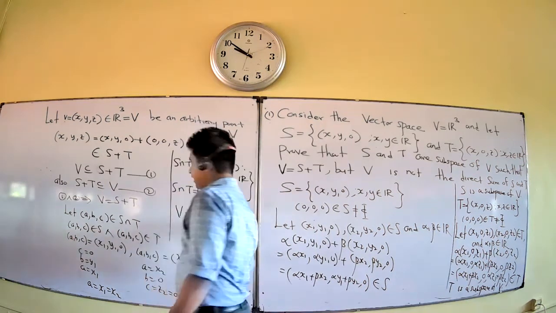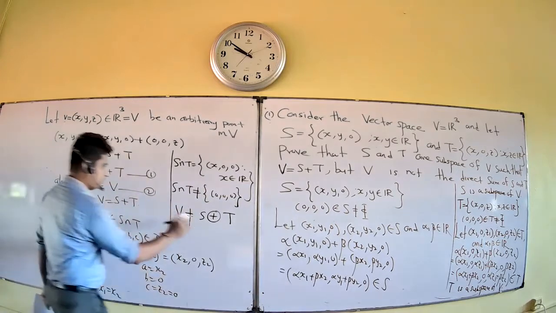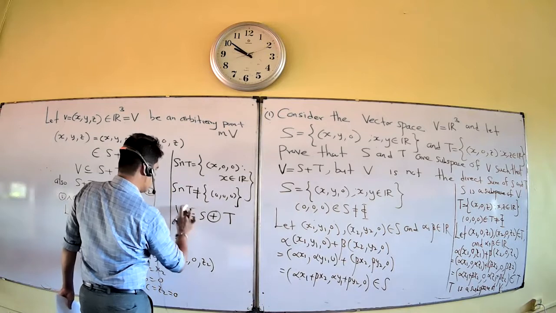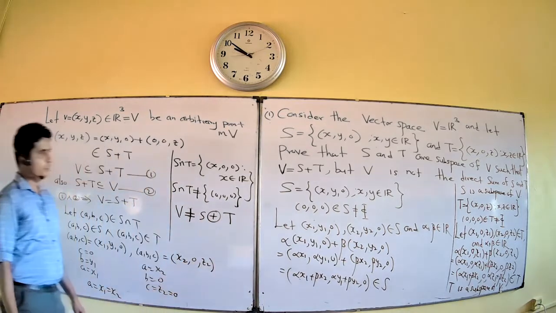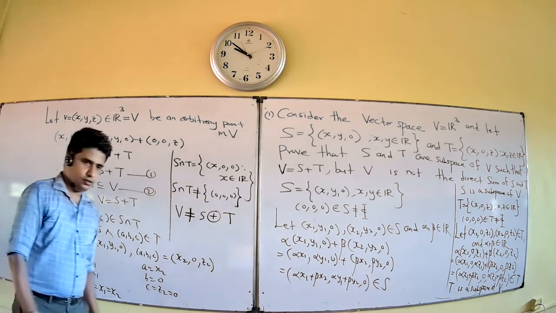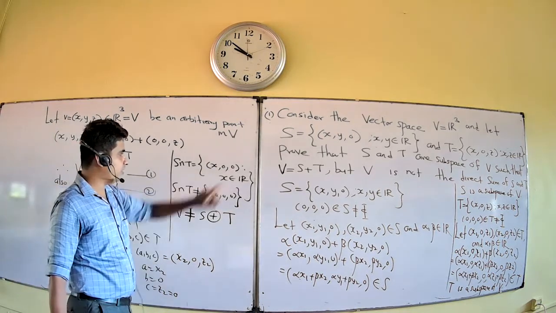This is not a direct sum of X and T. Because here only the x values exist, y values and z values are 0.